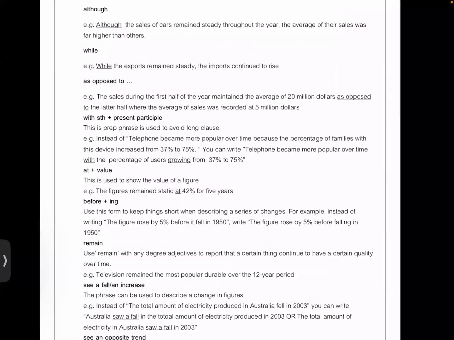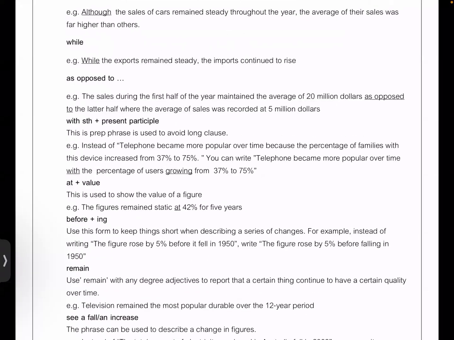Yeah. As opposed to, I particularly like this phrase. So as opposed to, we can use to talk about two quantities that are opposite of each other. Like the first quantity might be going up, and the other quantity is going down.